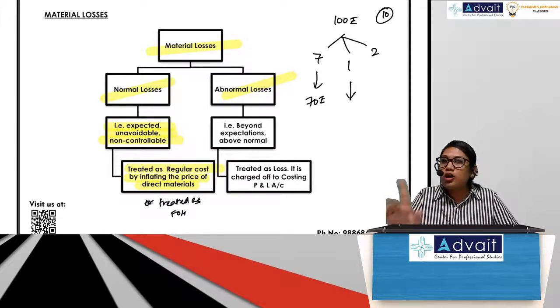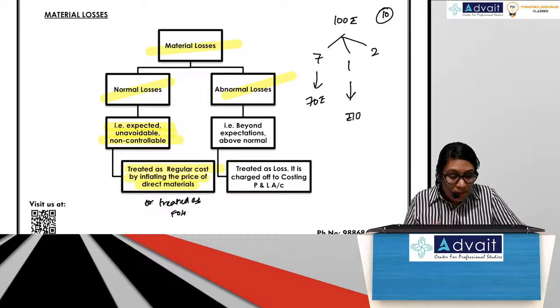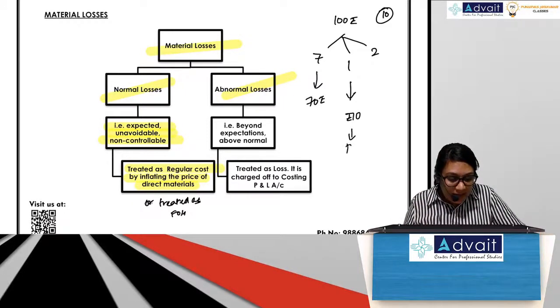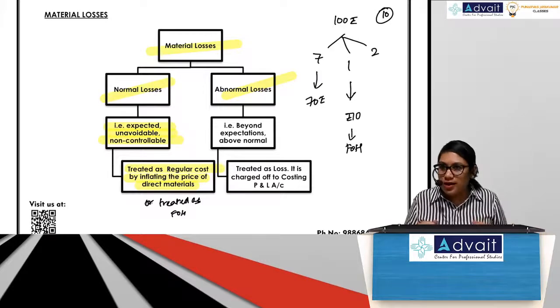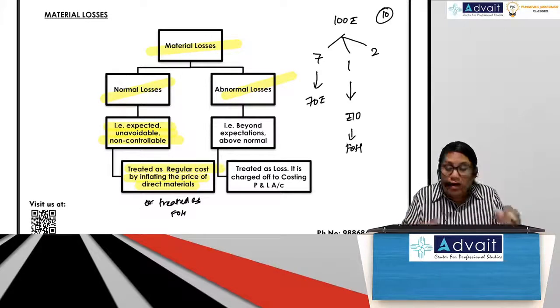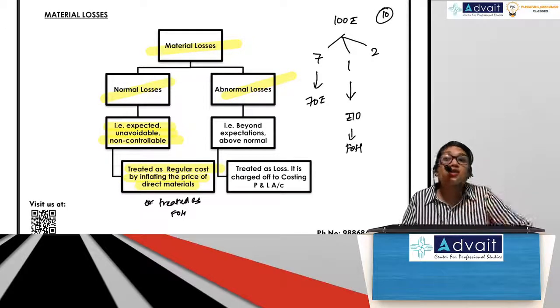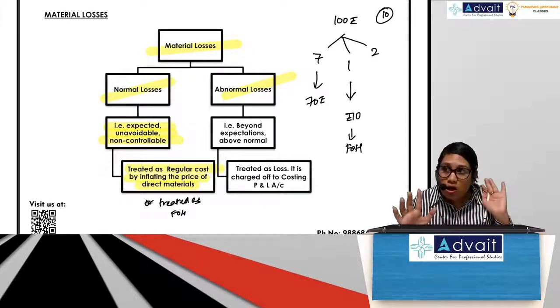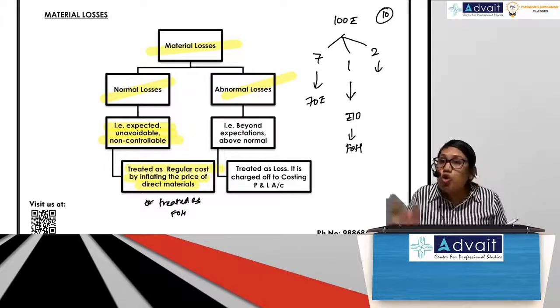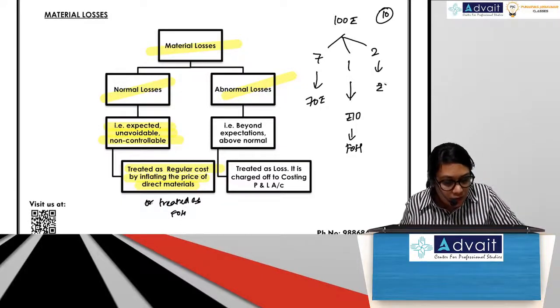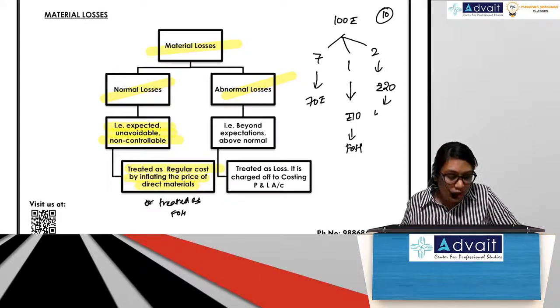Here you are not inflating the cost; 10 rupees remains 10 rupees. The cost of 1 apple, 10 rupees, will be treated as FOH, because you're not inflating. Here normal loss also has to bear cost, whereas when you are inflating the cost, normal loss does not bear the cost. And 2 abnormal apples will be 2 into 10, 20 rupees, which will go to costing P&L account.